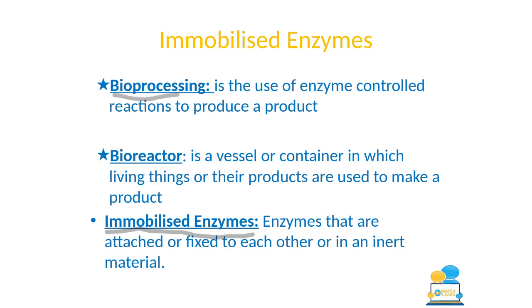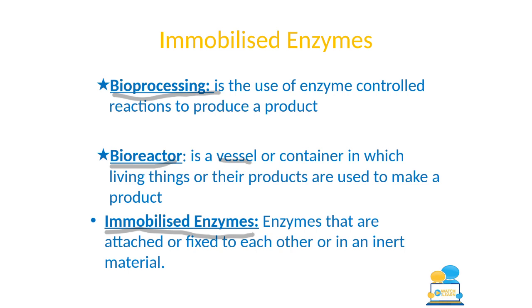Bioprocessing is the use of enzyme controlled reactions to produce a product. And bioprocessing will take place in a vessel called a bioreactor. And this is where living things, or other products, are used to make a product.